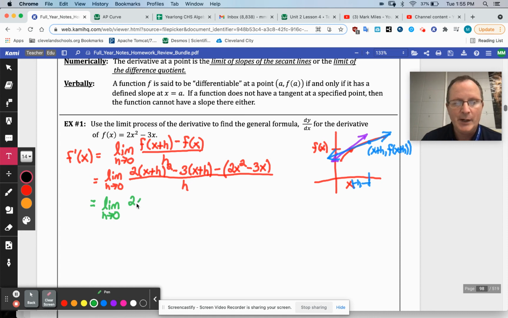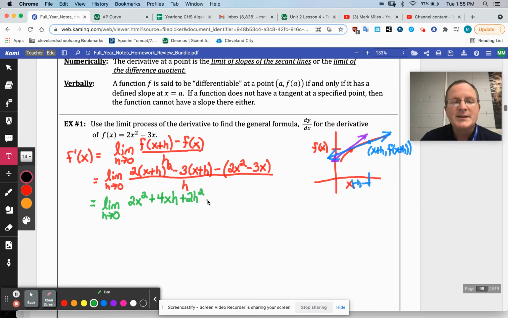You have 2x squared plus 4xh, because it's going to be 2xh times 2. Plus h squared there, but it's multiplied by 2, so 2h squared. I'm just cleaning out all parentheses right now.